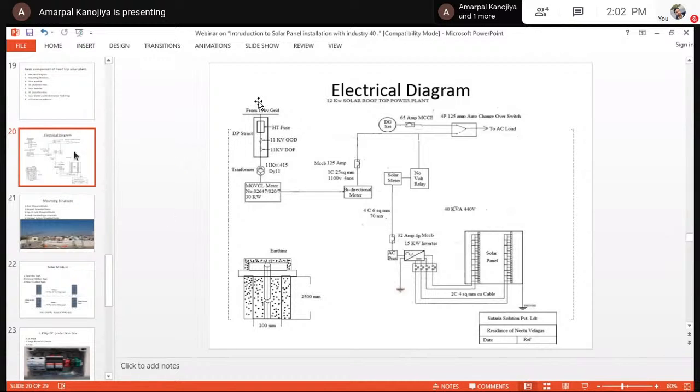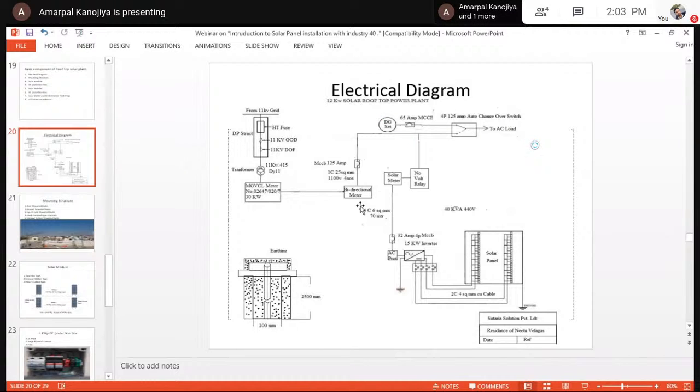Now that electricity is coming from the electrical board through this bidirectional meter to the load. So that energy is noted down by this bidirectional meter as imported energy.